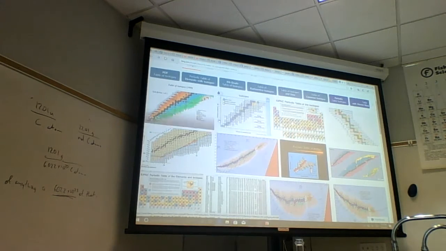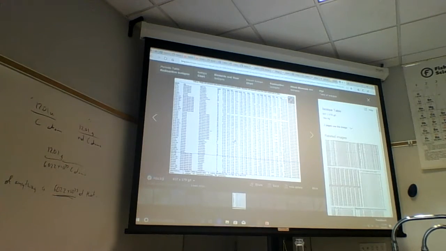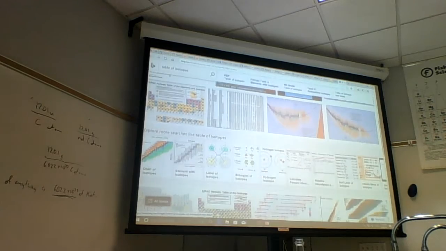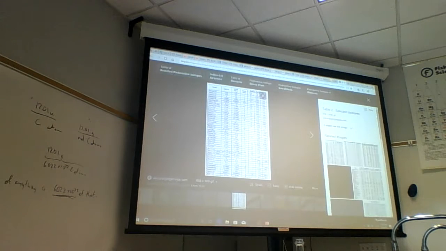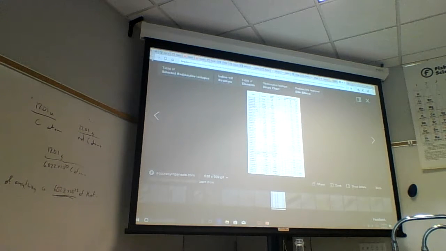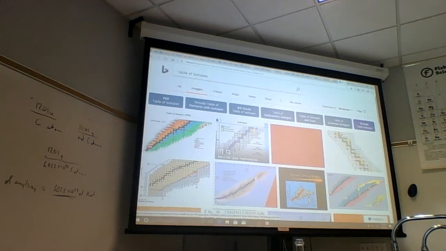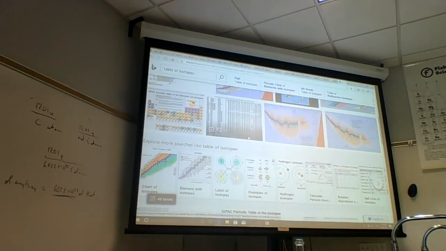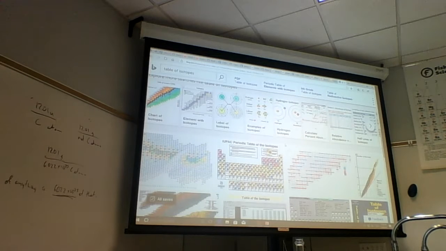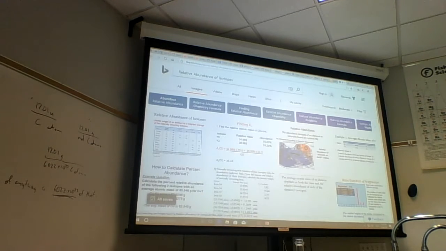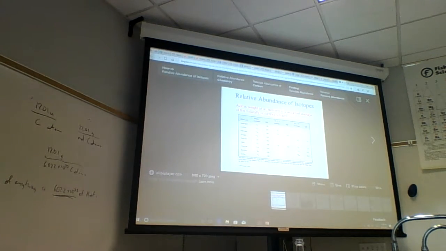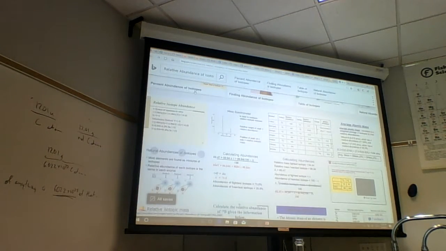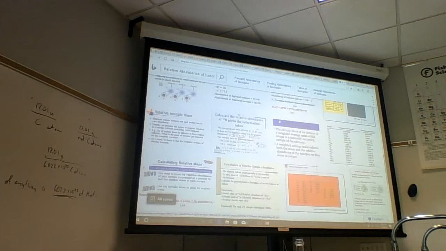But this is not the isotope table I want.